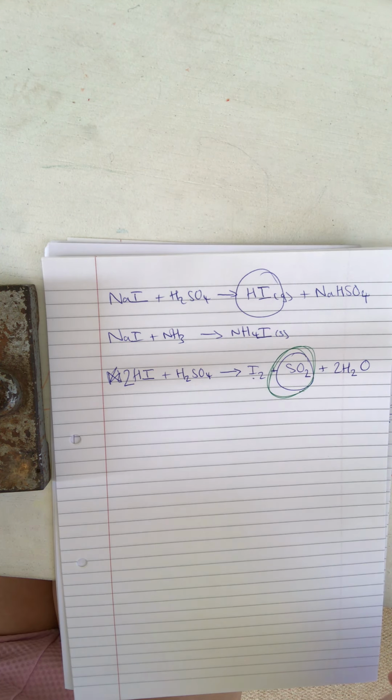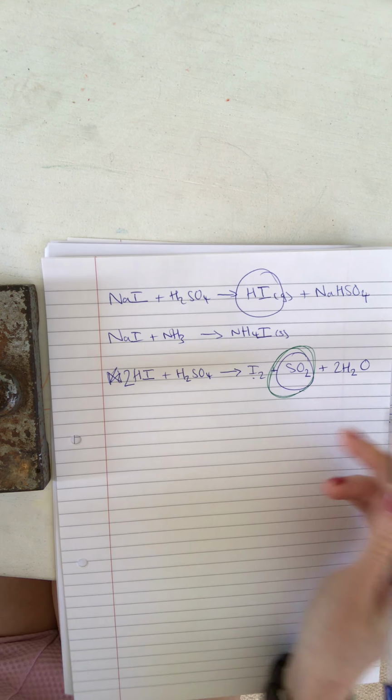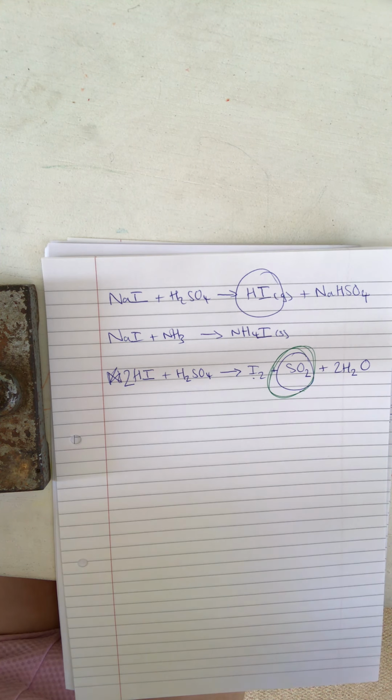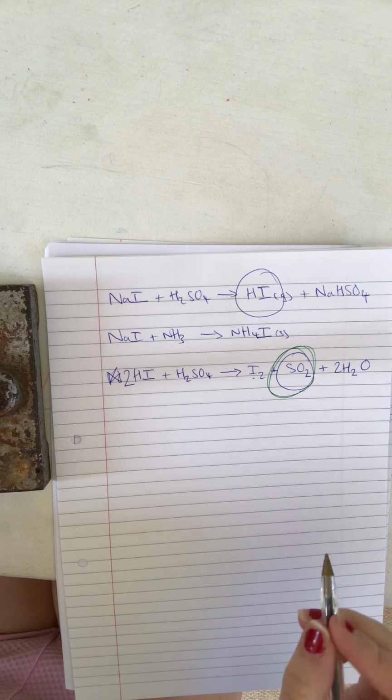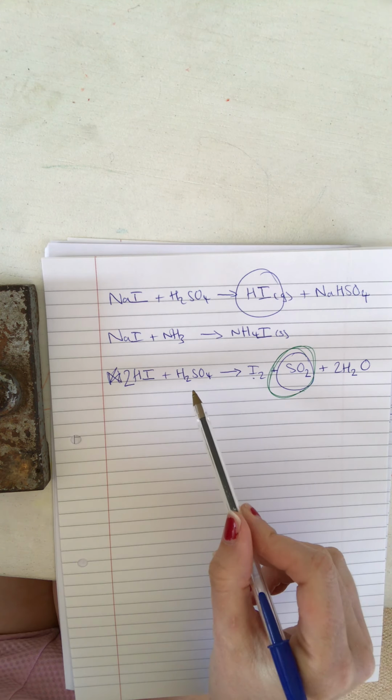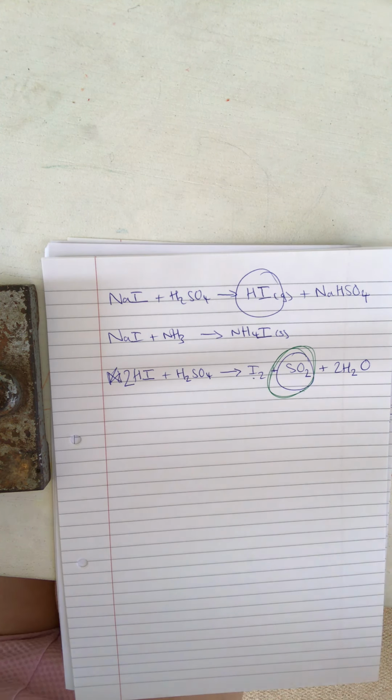Okay, now because iodide ions are really good reducing agents, they will reduce the sulfuric acid even further. They will take it from sulfuric acid through to hydrogen sulfide, and they can even take it all the way through to just sulfur.